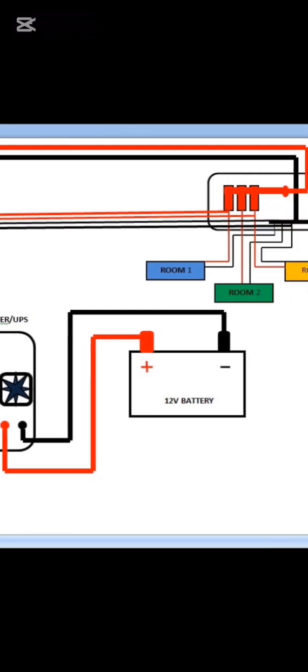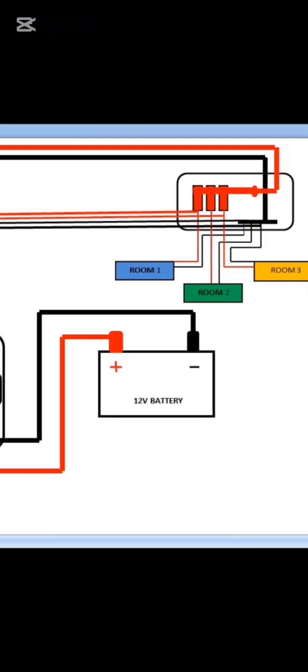Whenever there is the main power supply, it supplies to room 1 and also to the input of the UPS, because room 1 is connected to the main power supply directly through the miniature circuit breaker.